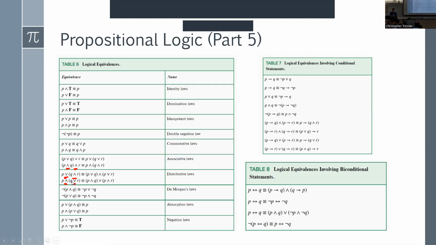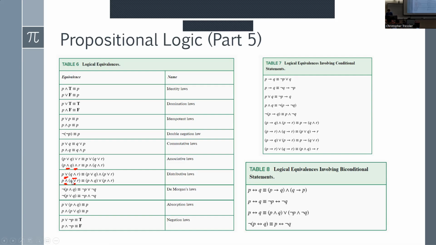You also need to switch the sign of all the ands and ors. So for example, you can see in the law right here, the negation of P and Q is not the negation of P and the negation of Q. It is the negation of P or the negation of Q, logically. And the same thing upholds if we started with the or and went to the and.